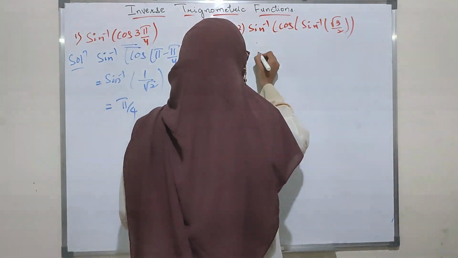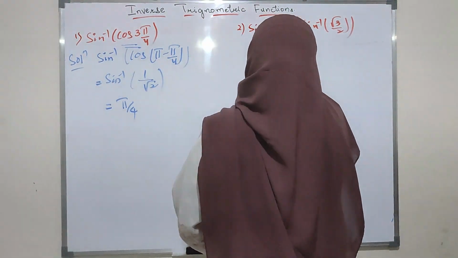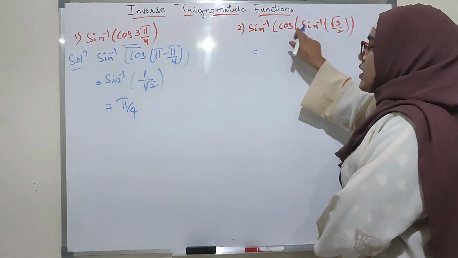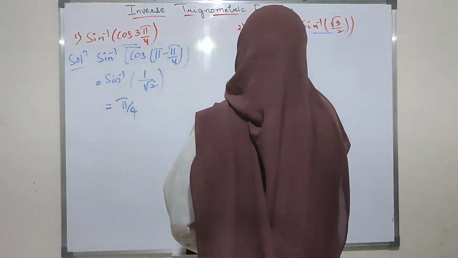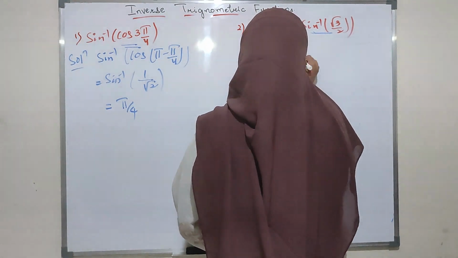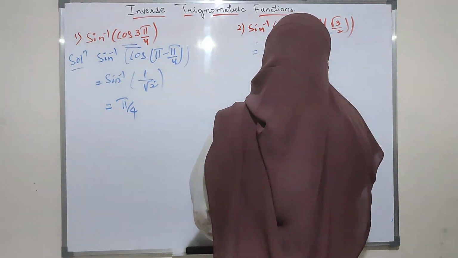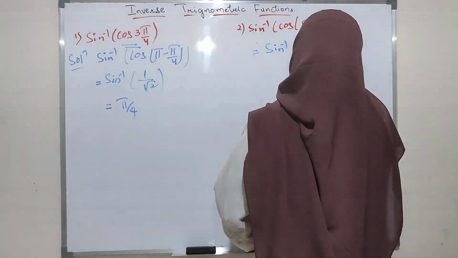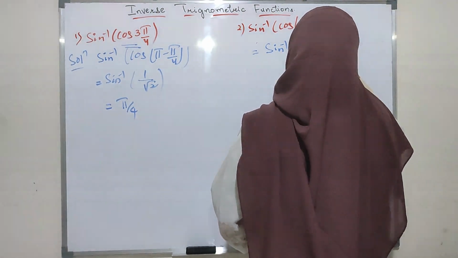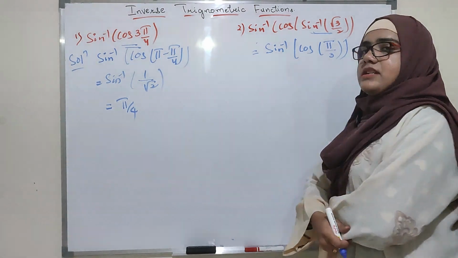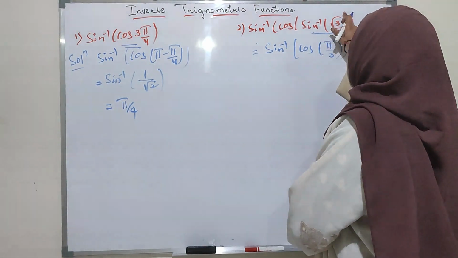Now take this one. Here you are having three trigonometric ratios: sine inverse, cos and sine inverse. First we have to solve for this. Write the first and second terms as they are: sine inverse, then cos of sine inverse of root 3 by 2. We know that it is pi by 3, since sine 60 is root 3 by 2.